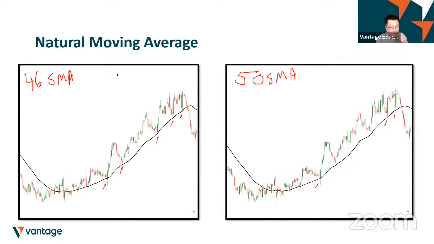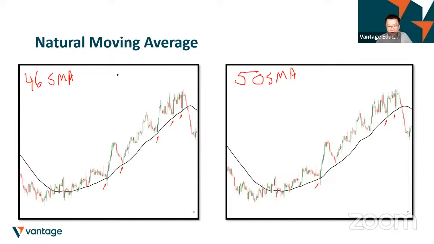What we have found is that when we tweak the periods counted on a moving average, in this case to a 46 period simple moving average, price actually hits that moving average as a support level before bouncing back up. This is what we call the natural moving average.